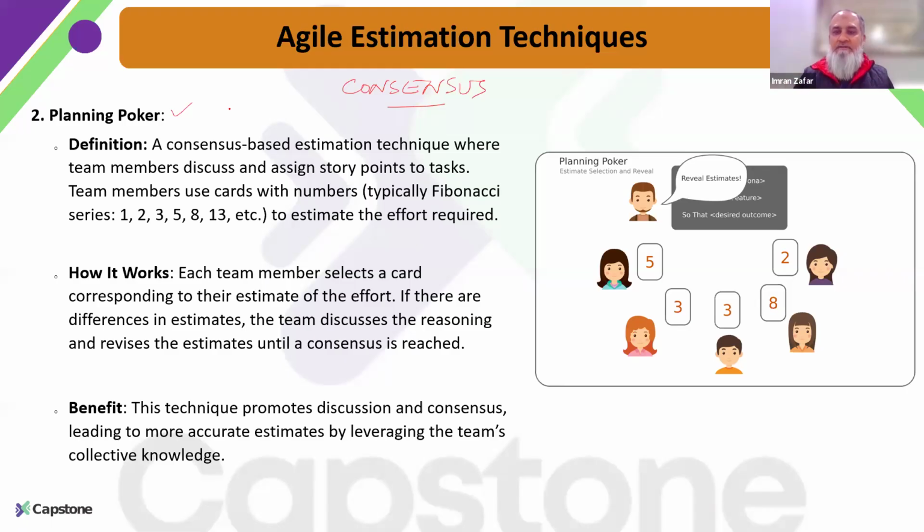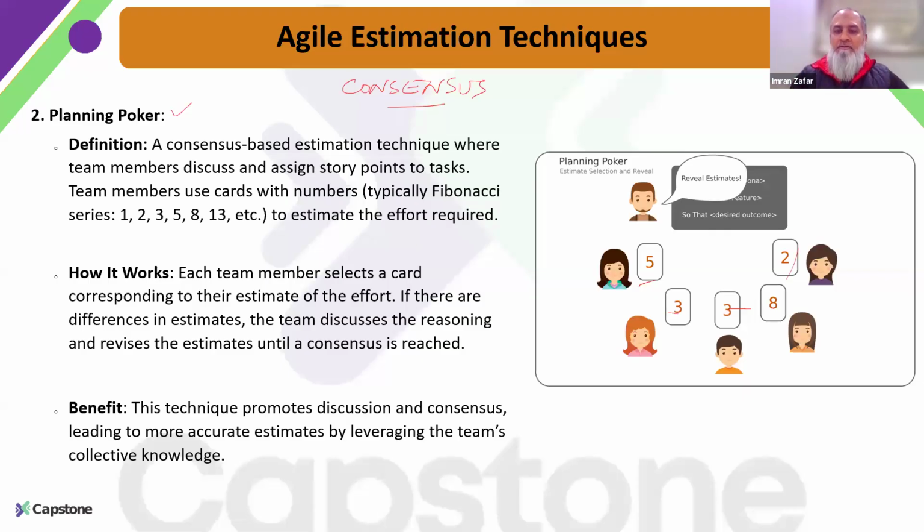They ask questions and try to develop their understanding, and once they are clear, they show their cards, indicating what they think the user story point for this particular user story should be.